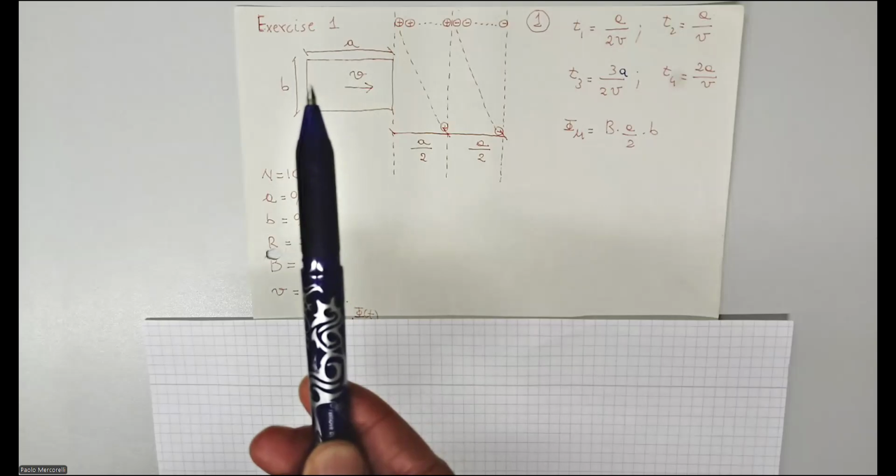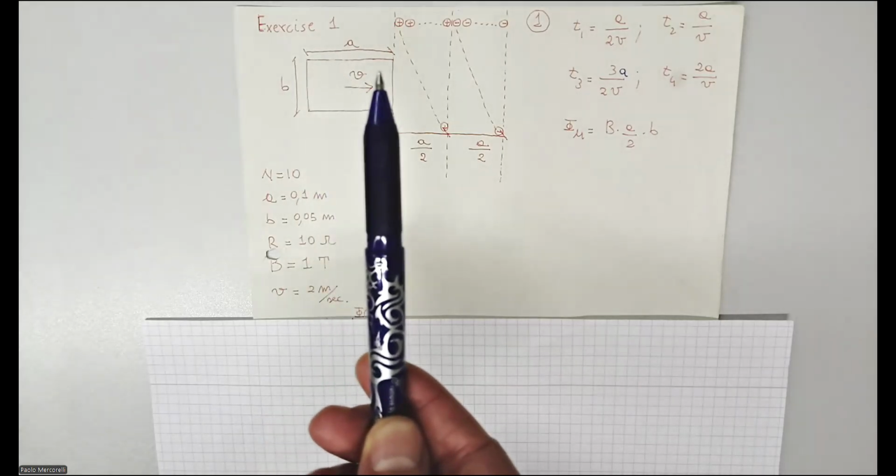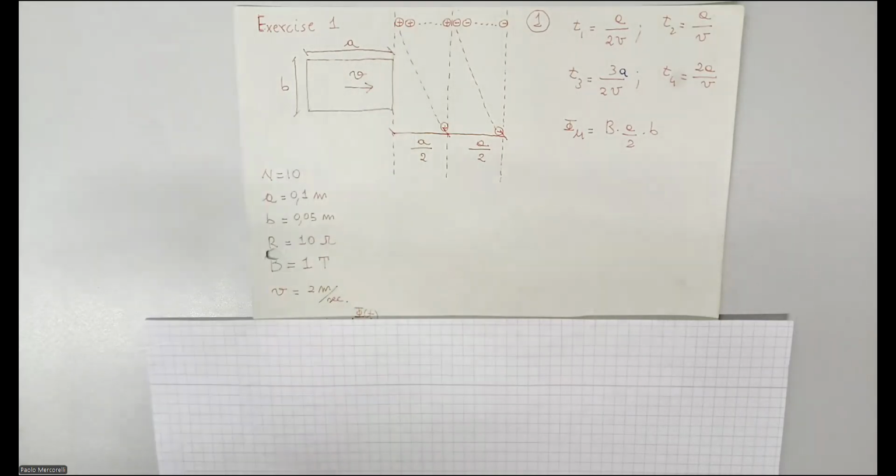Here we have a permanent magnet oriented with north in the room, in front of the blackboard, and south behind.